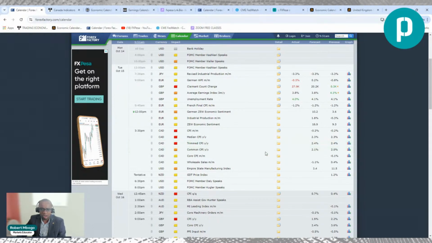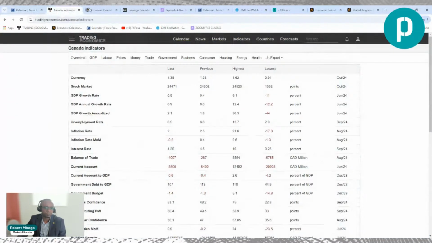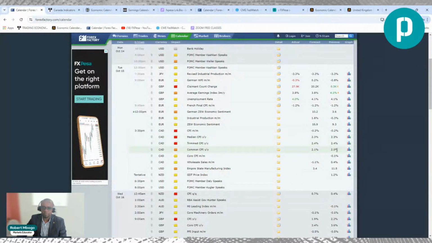Then we also have the common CPI. If you look at inflation in Canada, the inflation rate last month was 2%, right? So this is what we are seeing here as the previous number, 2.0%. The expectation of traders is that this number will increase to 2.1%.